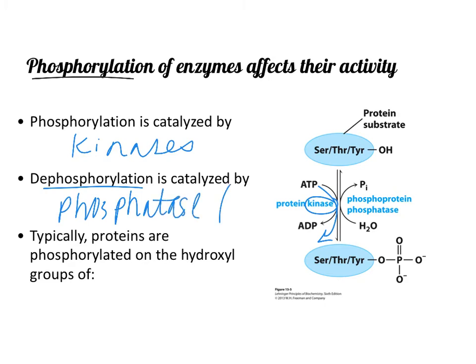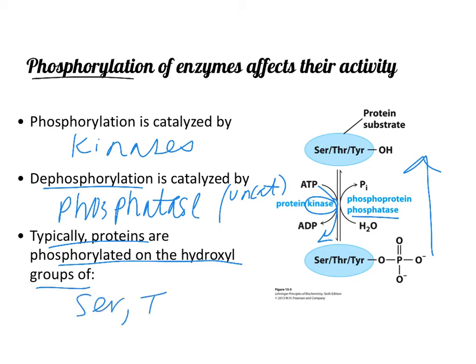And sometimes the dephosphorylation can also be uncatalyzed. So in this direction, taking off the phosphate is catalyzed by a phosphatase. And typically proteins that are phosphorylated are phosphorylated on the hydroxyl groups of serine, threonine, and tyrosine because these are the amino acids that have OHs on them.